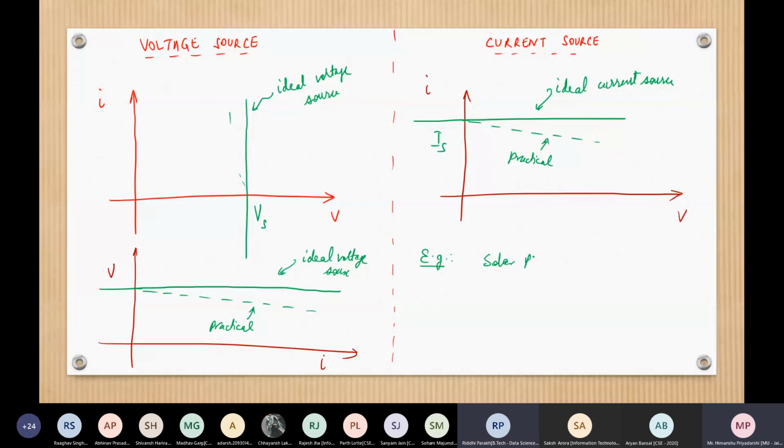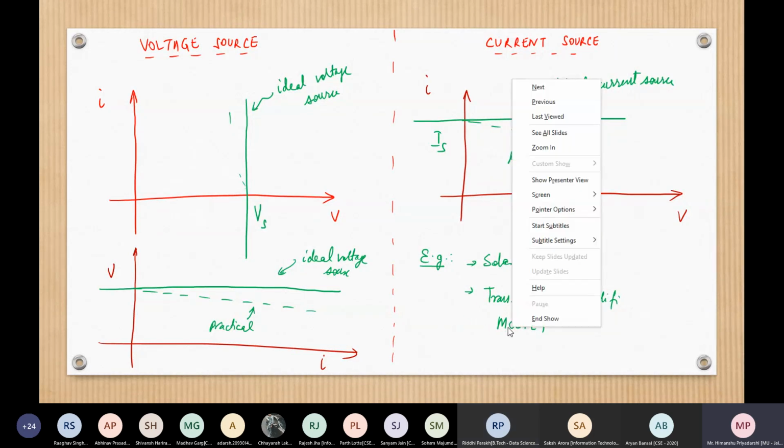Examples of current source: solar PV panels. What else? Transconductance amplifiers, or you can say simply MOSFET, or sorry, BJT also.